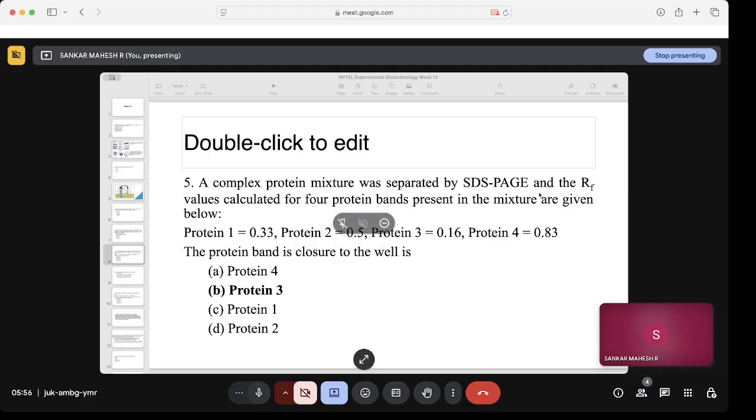So relative mobility. Okay. What does that represent? Molecular weight of protein? Does it really represent the molecular weight of protein?